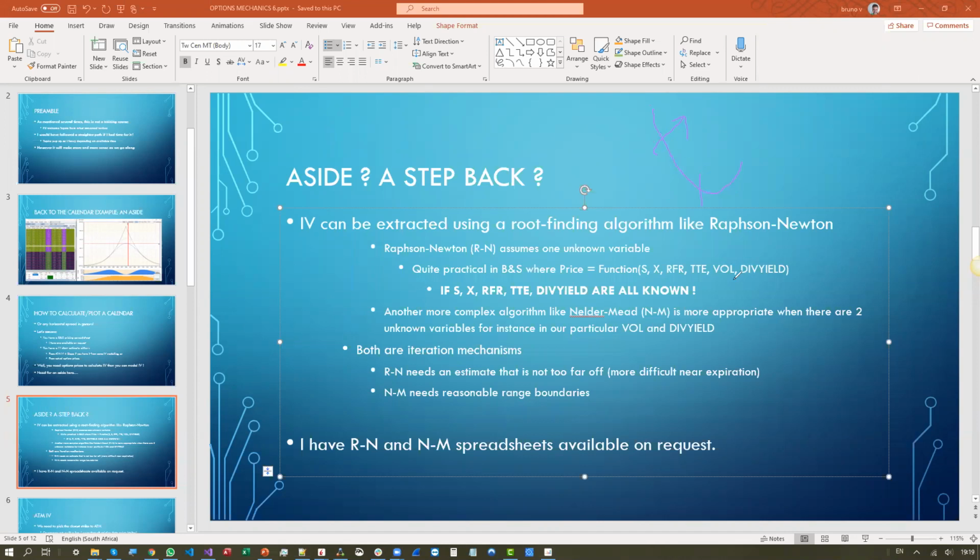So in my program, I actually have used a modification on the standard Raphson-Newton to do a better job.